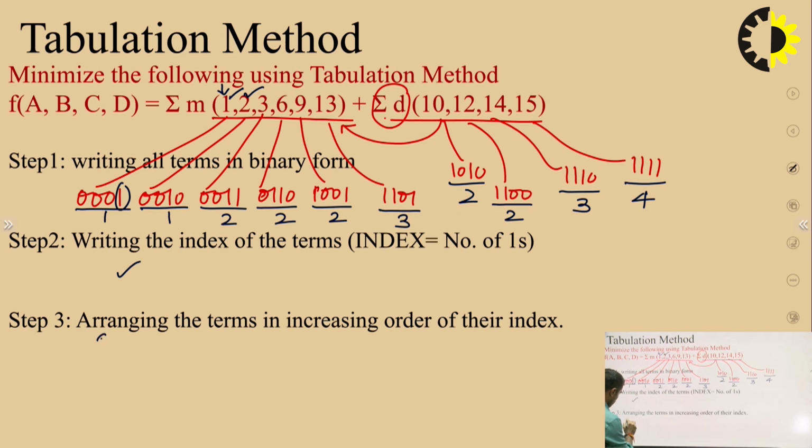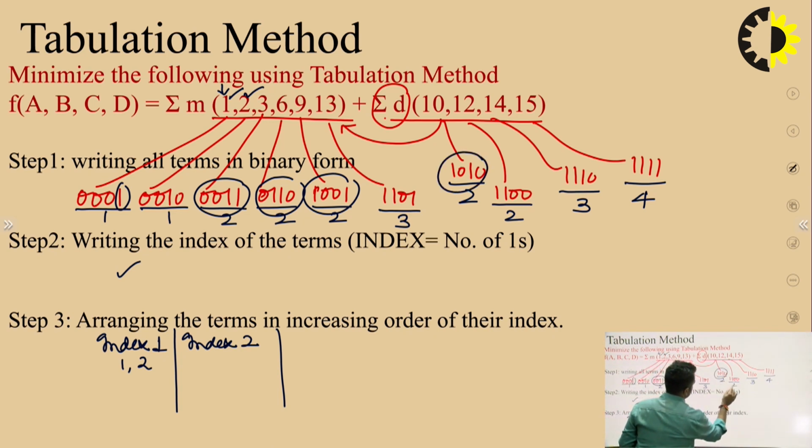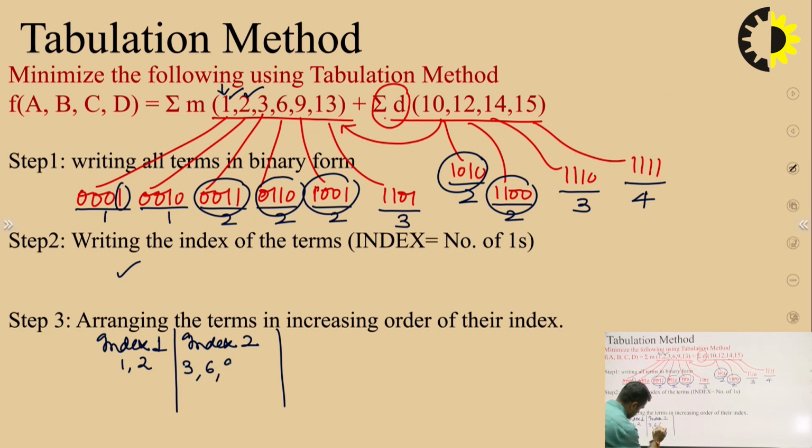Then for index 2, you can check, these are 3, 6, 9, 10 and 12.